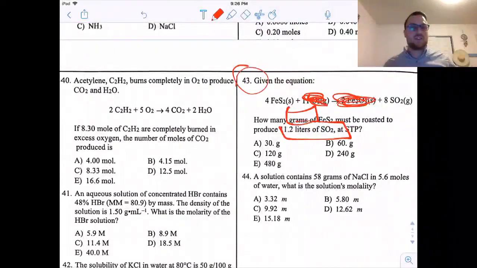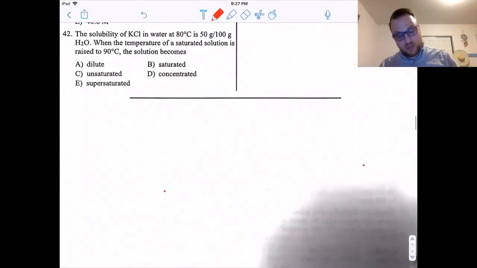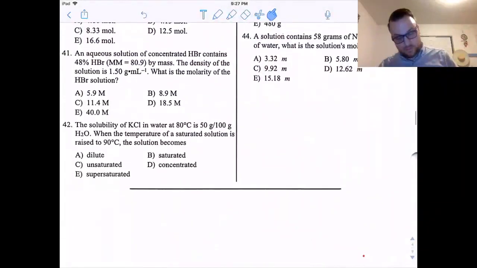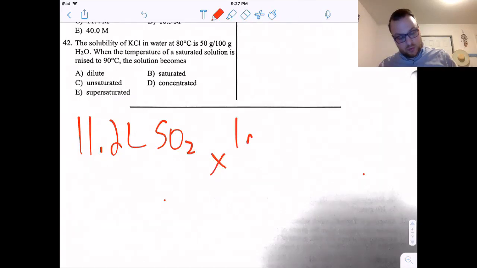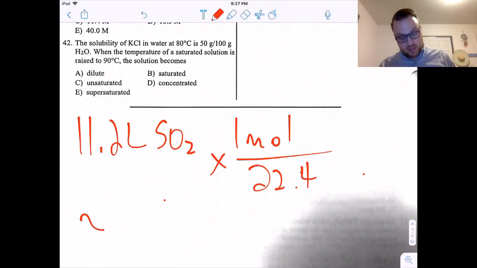So let's get going. 11.2 liters of SO2. 1 mole is 22.4 liters. So that is half a mole of SO2. Go to my equation.